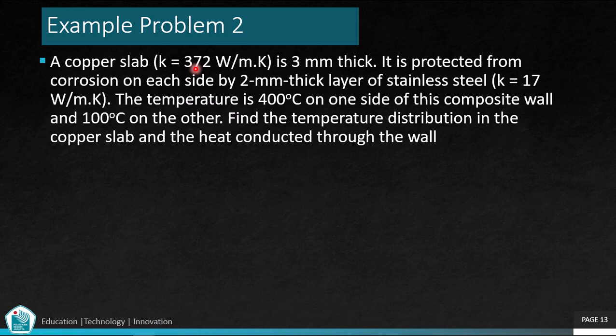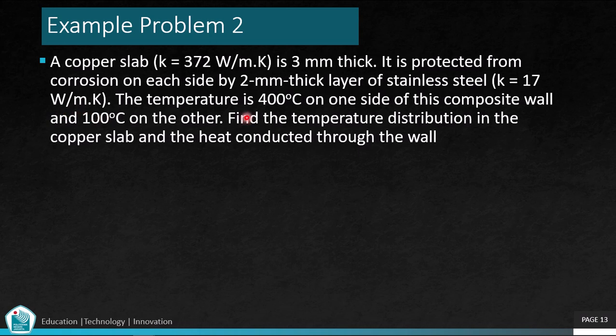So okay, focus again. We have a copper slab, and the thickness is 3 millimeter. Okay, and it is protected from corrosion on each side by a 2 millimeter thick layer of stainless steel. The stainless steel has a lower thermal conductivity coefficient than the copper slab, so it's only 17 watt per meter Kelvin.